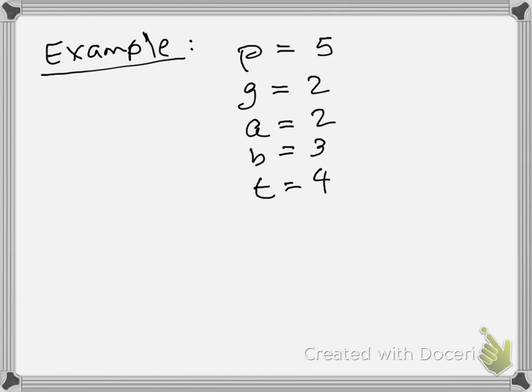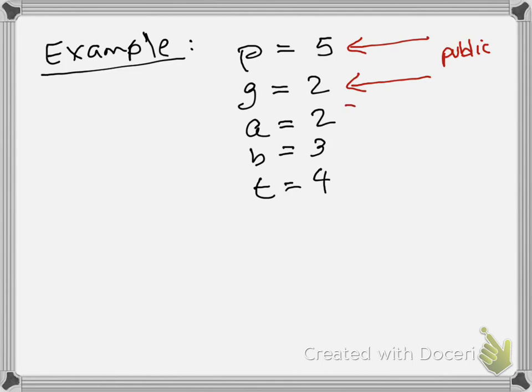So let's work out a concrete example using small numbers just so that our calculations are easy. So in the previous video, we used p equals 5, that's our prime number. G equals 2, that's our generator. These were both public. Alice's exponent was 2.